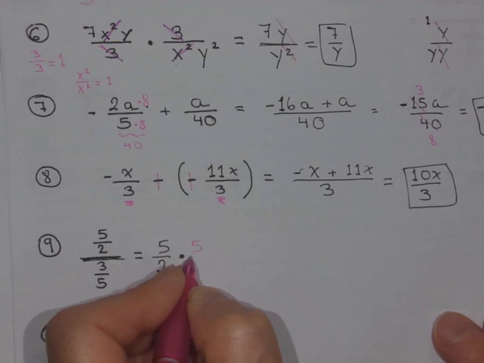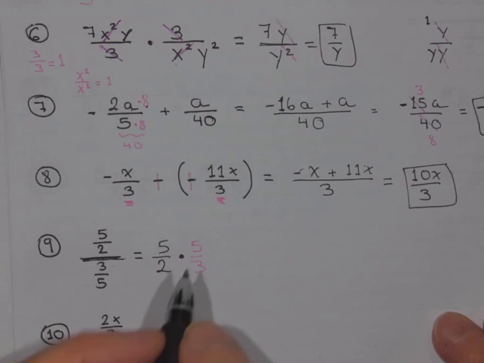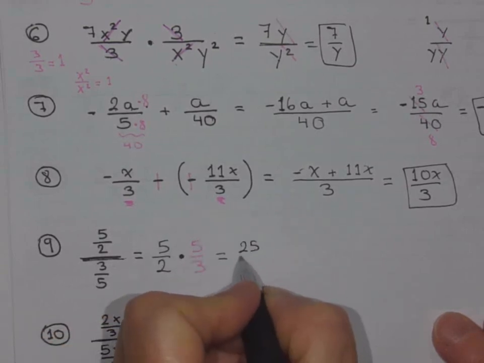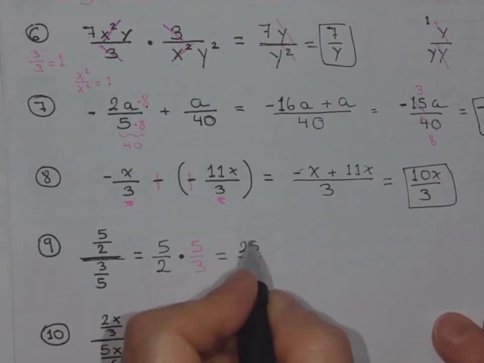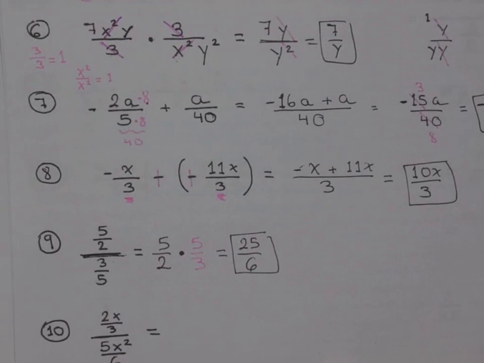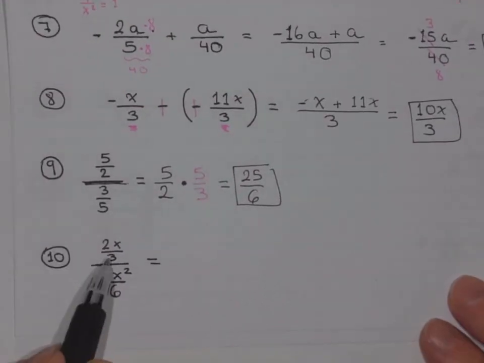We need the 5 over 3. Multiplicative inverse of the denominator fraction. Okay, now it's multiplication, so we just multiply the numerators together and the denominators together, and this does not simplify any further. Alright, one more on that page, then we're going to stop this video and start another one.